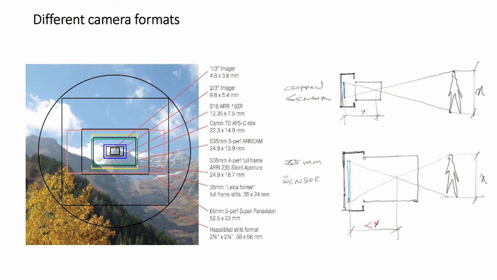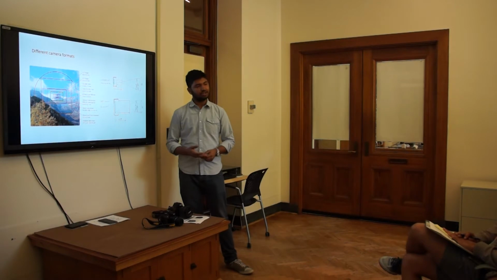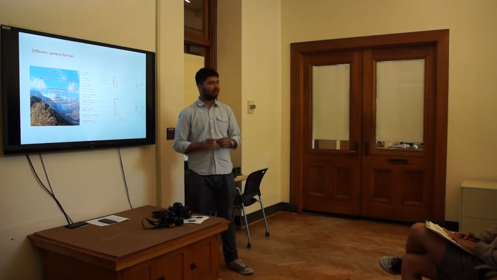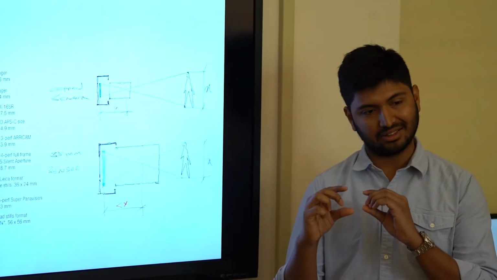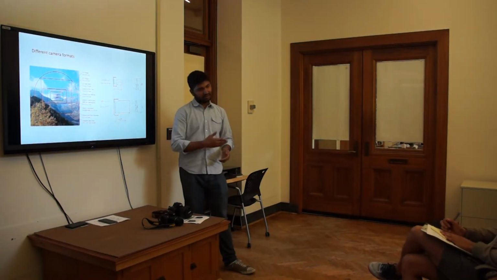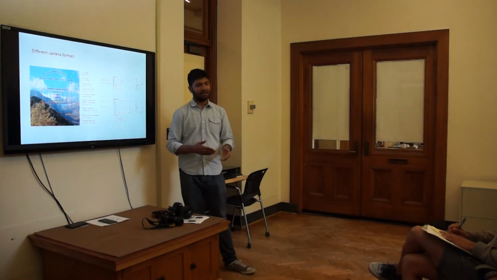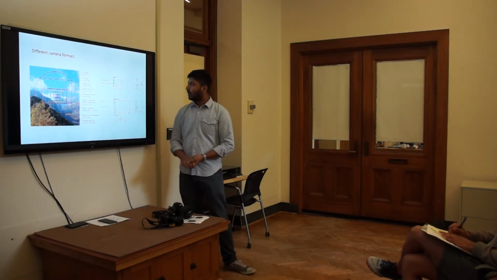The standard size is 35mm film size, or 35mm full frame camera sensor, and as the technology evolved, they realized that you don't need that big of a sensor for normal purposes, so they made the sensor smaller, which is now called crop sensor, and they designed a whole set of lens system for that particular sensor format.